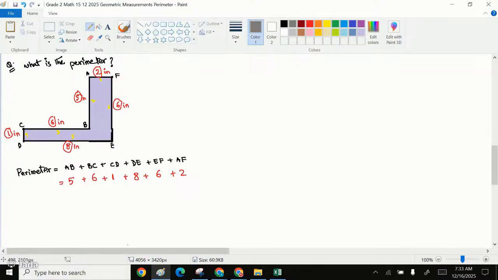We can add 8 plus 2 is 10. 10 plus 6 is 16. Plus, 5 plus 6 is 11. 11 plus 1 is 12. 12 plus 16 means 12 plus 10 is 22 plus 6 is, can anyone give me an answer?